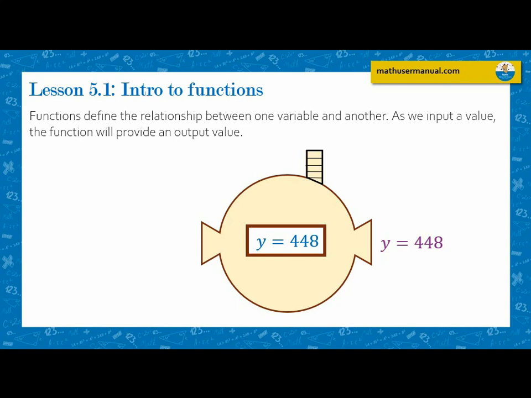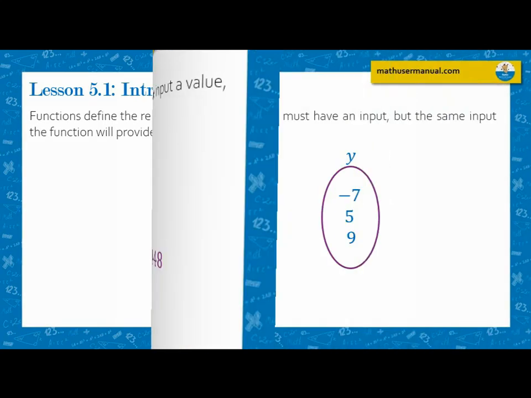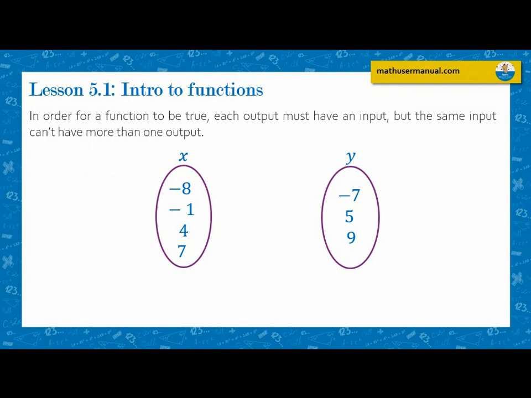As we change the input, the output is going to change as well. Depending on the input we write into the function, the output is going to be different most of the time. Sometimes the output is the same, but we will review that in later lessons. Now, these two sets of numbers represent the inputs and outputs of any given function.